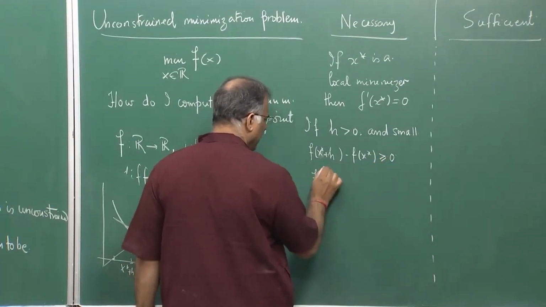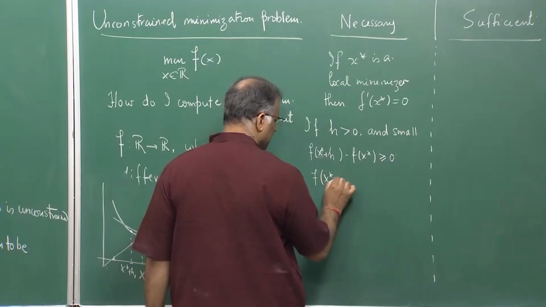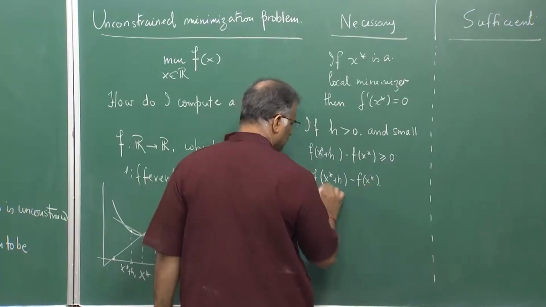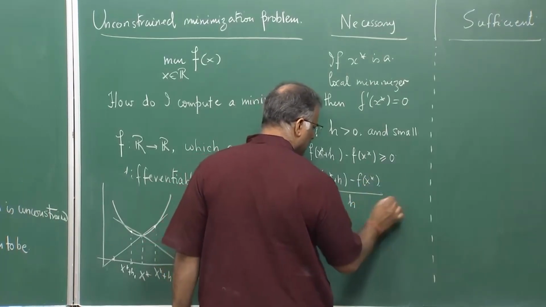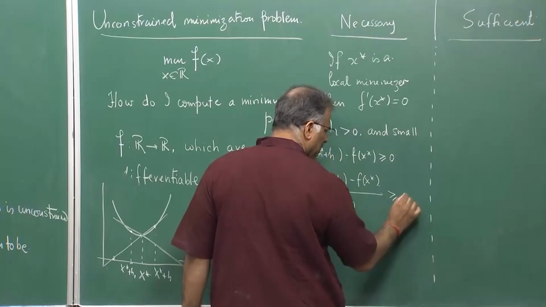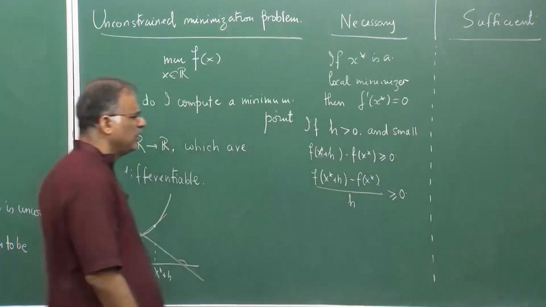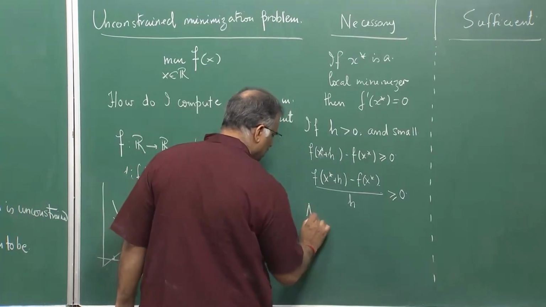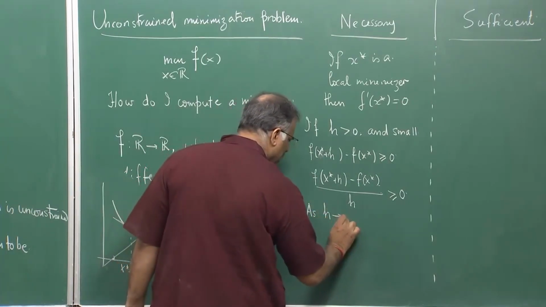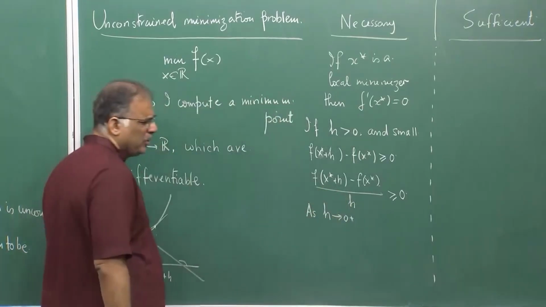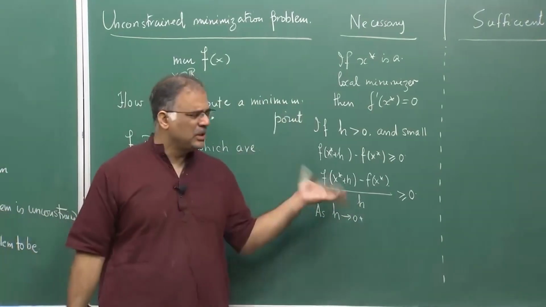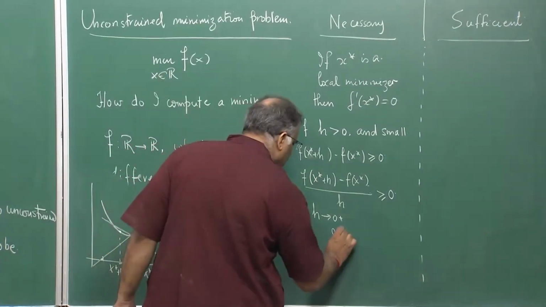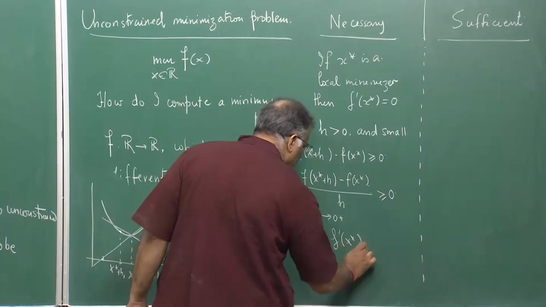Now, if I divide by h, because h is positive, and take the limit as h tends to 0 from the right, because the derivative exists, it does not matter which limit you take, you will always get the derivative. So, you will get f dash x star is greater than or equal to 0.